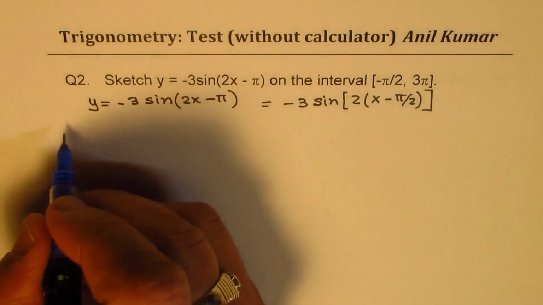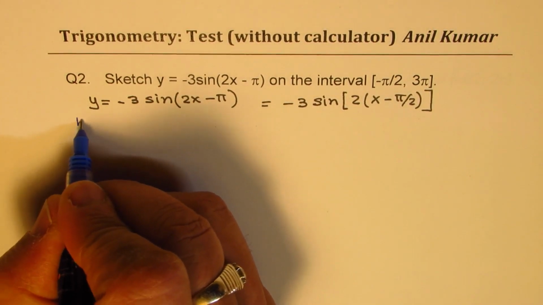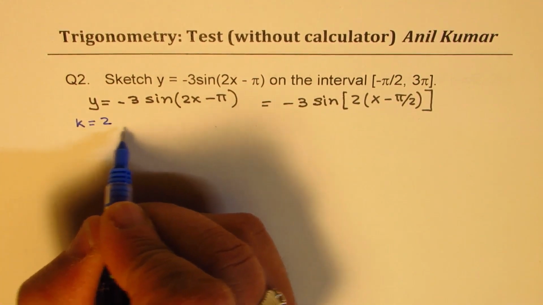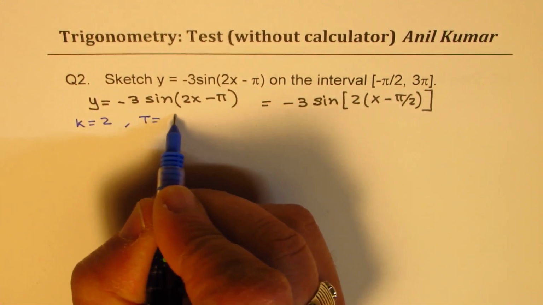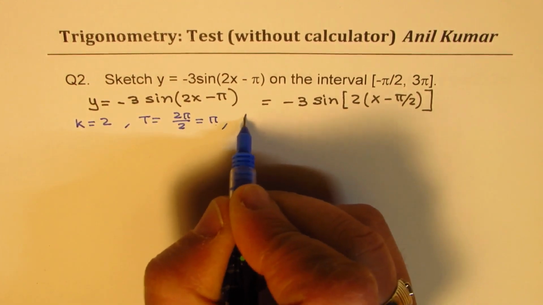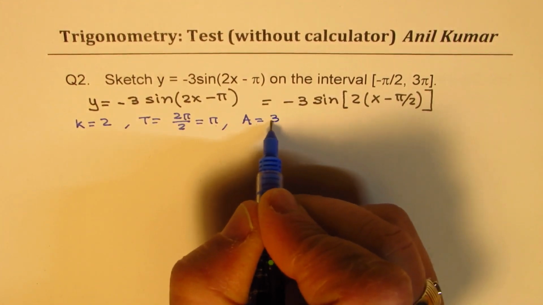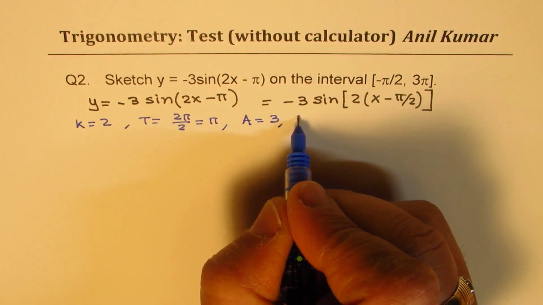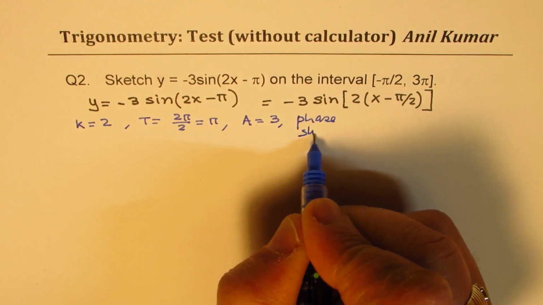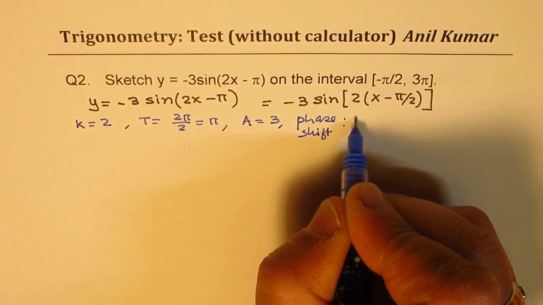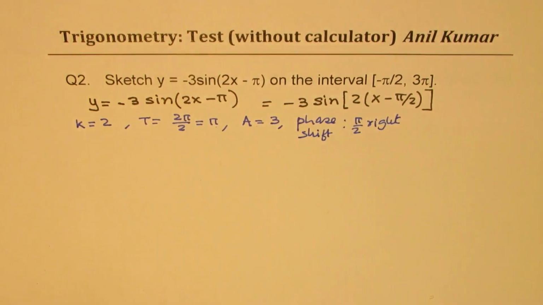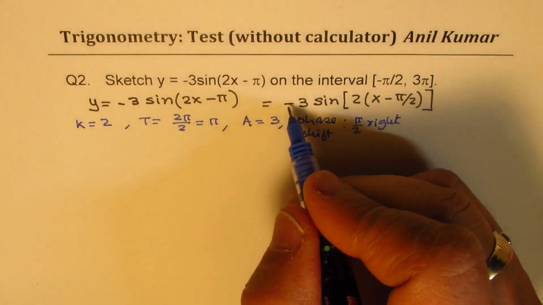Now here we know that the value of k is 2. So the time period T is 2 pi by 2, which is pi. Amplitude A is 3. Phase shift is pi by 2, right? Correct? And also this part is a reflection.